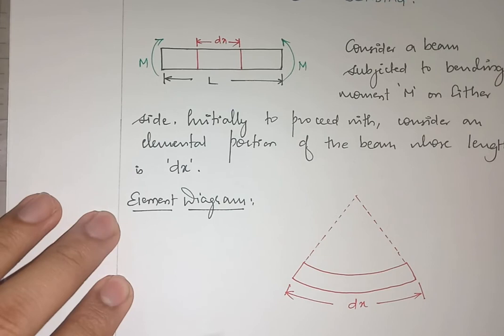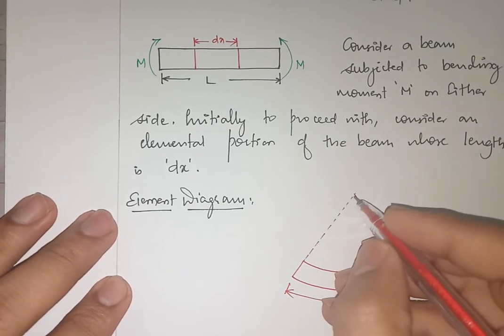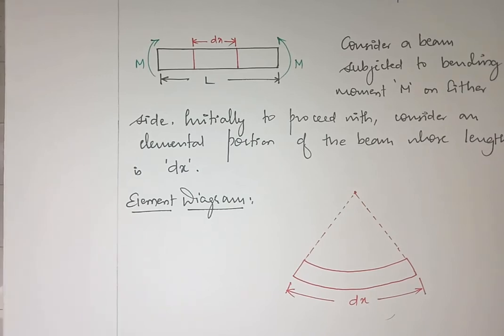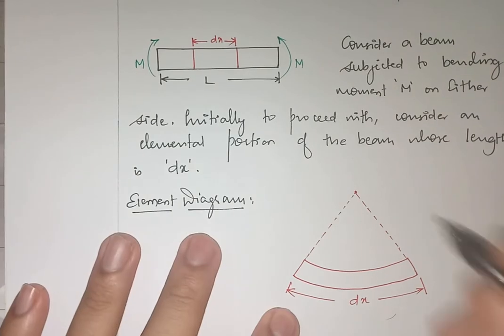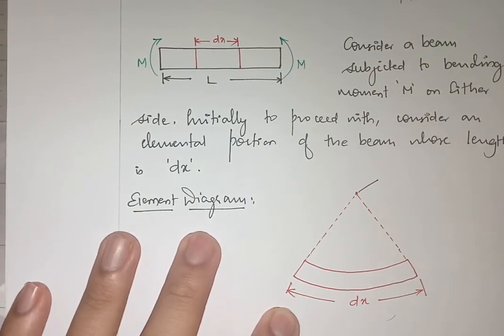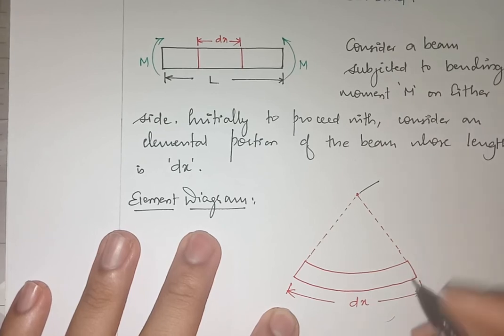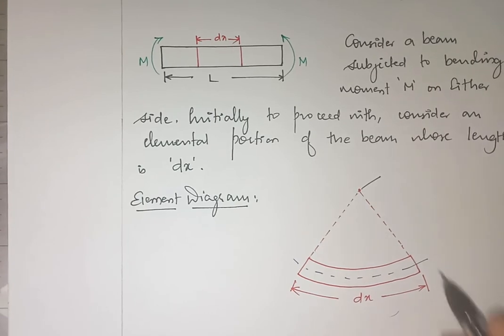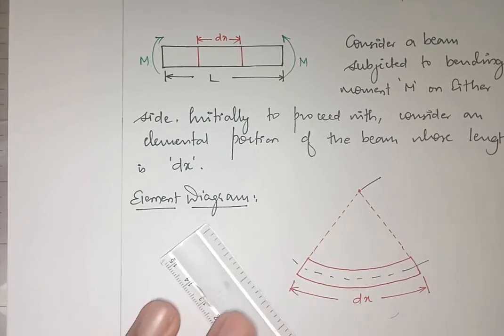Right, so what you'll be getting here is a point we call the center of curvature, and we know that this distance will be equal to r. So up to here this point is r. What is this?